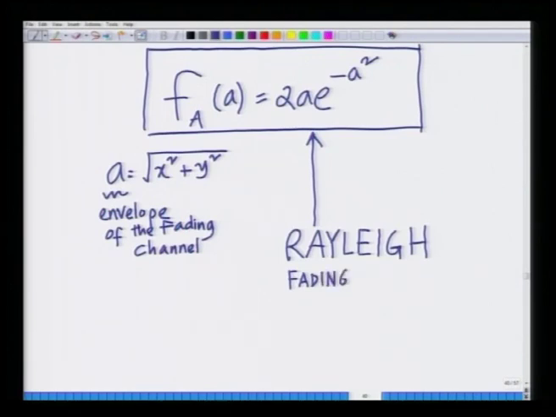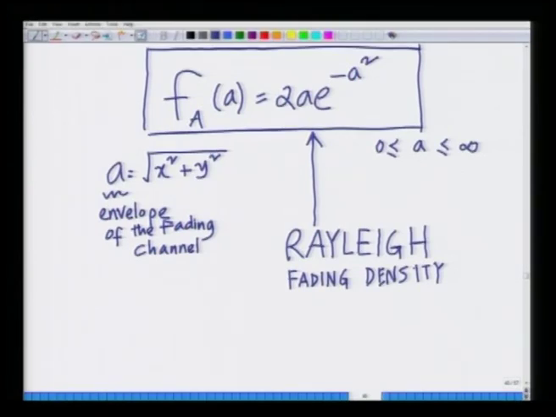This is the Rayleigh distribution, and a fading coefficient which has this distribution is the Rayleigh fading distribution or the Rayleigh density function. Obviously, since the amplitude is positive, this is between 0 less than a less than or equal to infinity. This is the Rayleigh distribution.